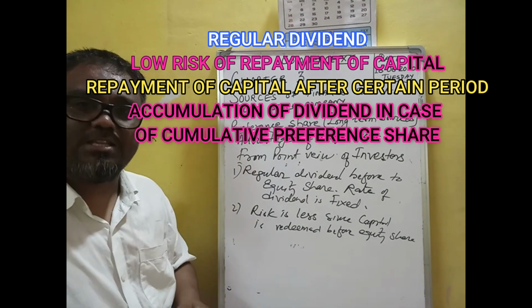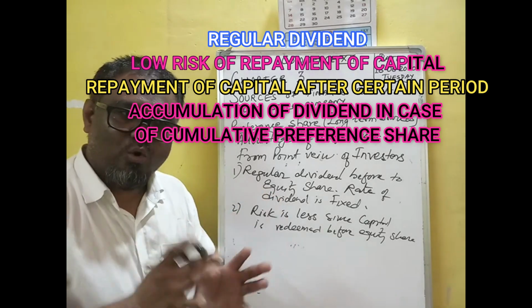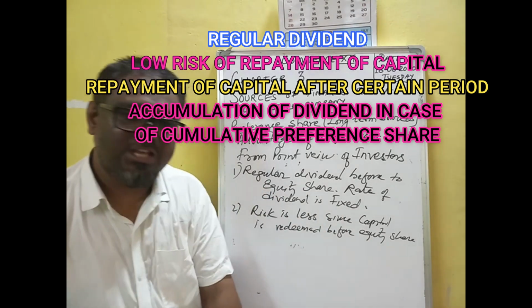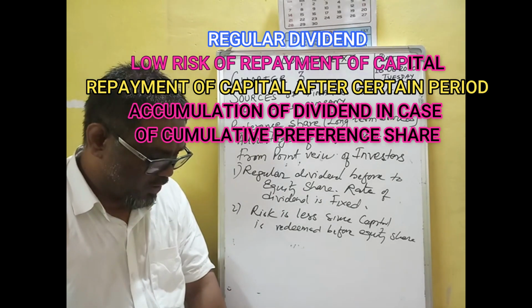So risk is also less in the preferential, because when the company is wound up, first the capital is returned to the preferential holder. That's why from this point of view also it is very advantageous for the preferential holders.